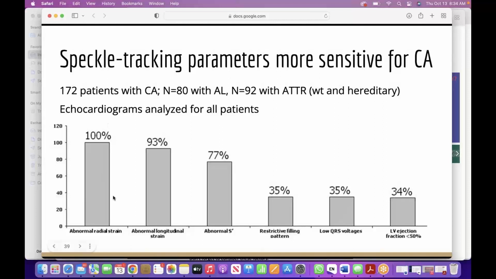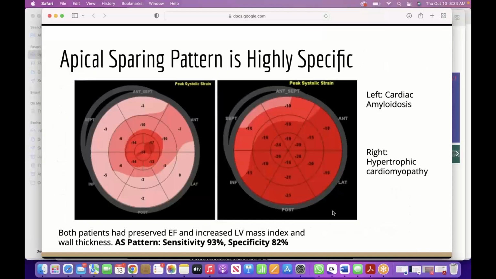Almost 100% of the patients had abnormal radial strain, and 93% of them had abnormal longitudinal strain. 77% of them had abnormal tissue Doppler indices, and only about a third had the low voltage pattern, an LVEF less than 50%, and a restrictive filling pattern. So speckle tracking does have its advantages.